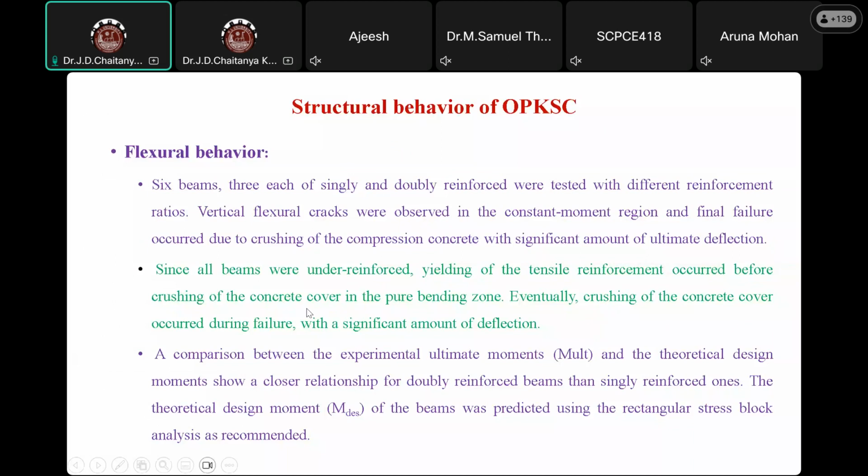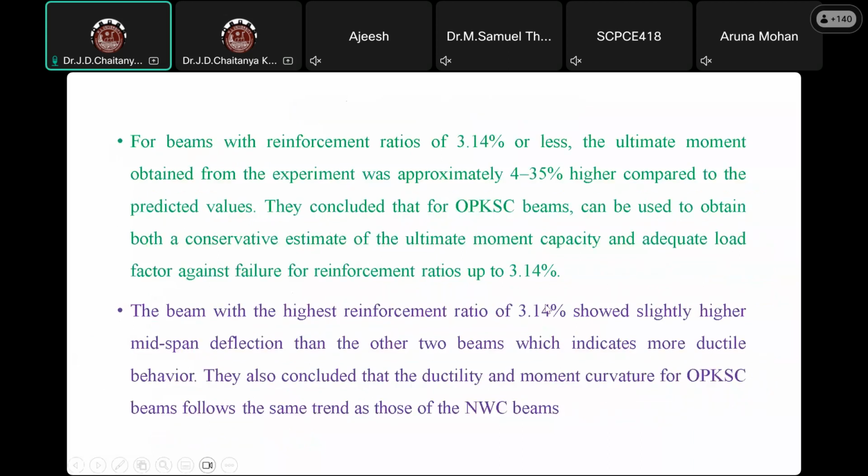Since all beams are under-reinforced, yielding of the tensile reinforcement occurs before the crushing, and this is common. Whatever we test in regular concrete, the shape, the deformations and the cracks developed, the same will be observed in this type of concrete also. We can also plot the stress strain behavior by using the load versus beam deflection graphs.